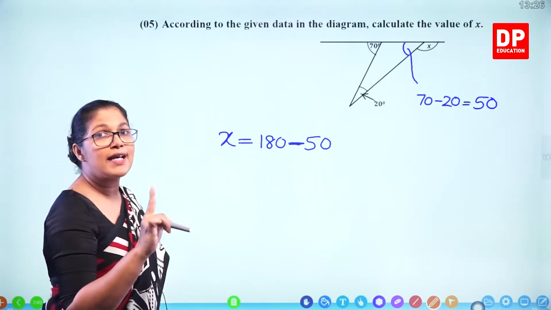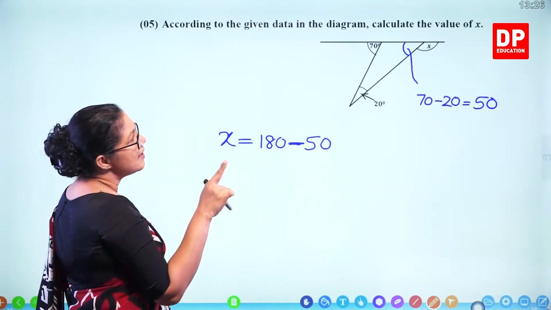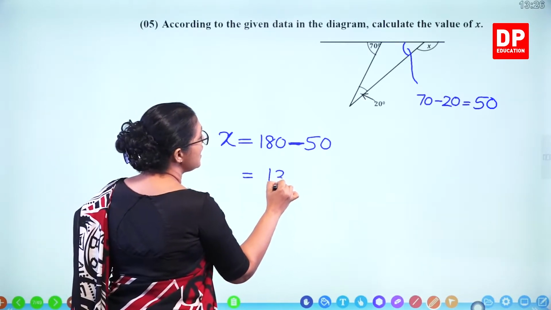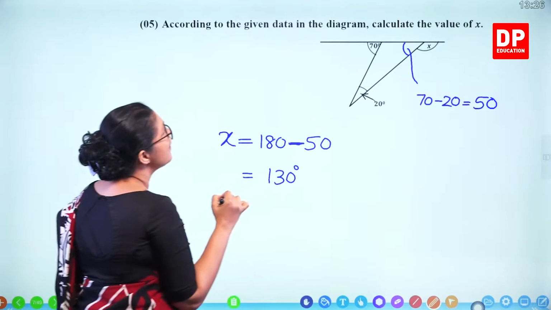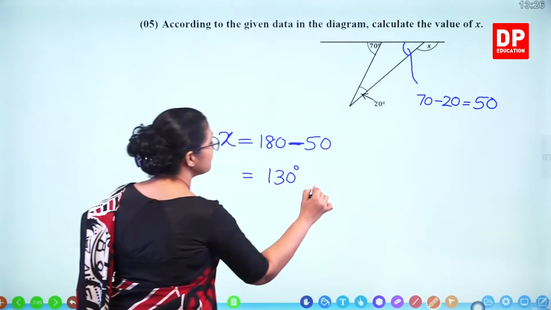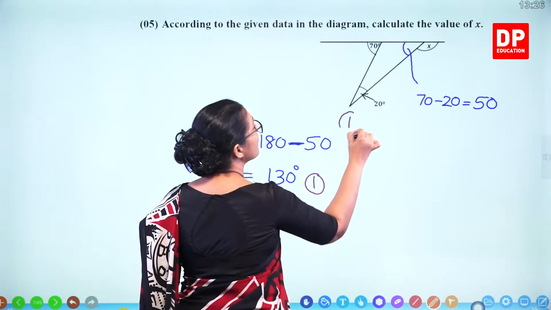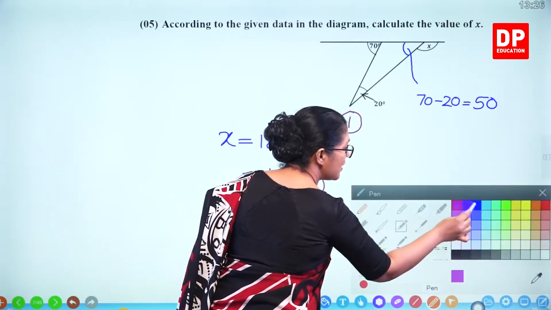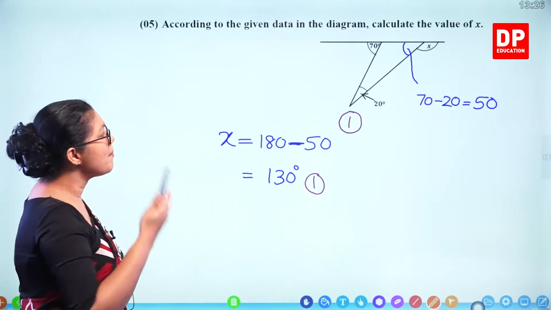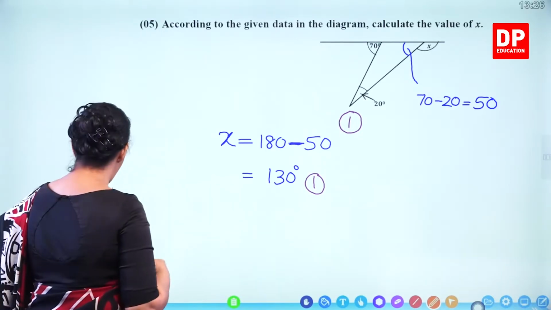So sum of angles is equal to 180. So 180 minus 50, you get 130 degrees. So 2 marks there. 1 mark for the method. If the answer is wrong, at least you are getting 1 mark for the method.